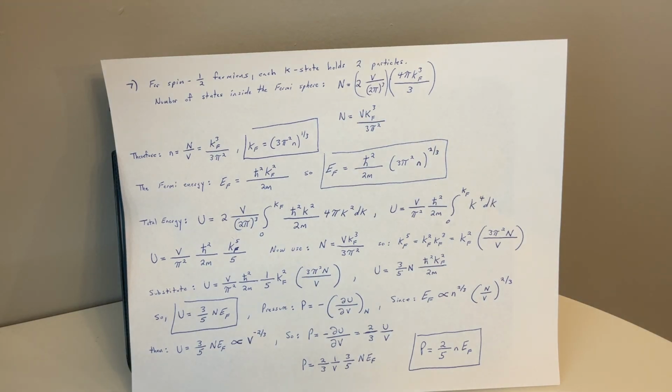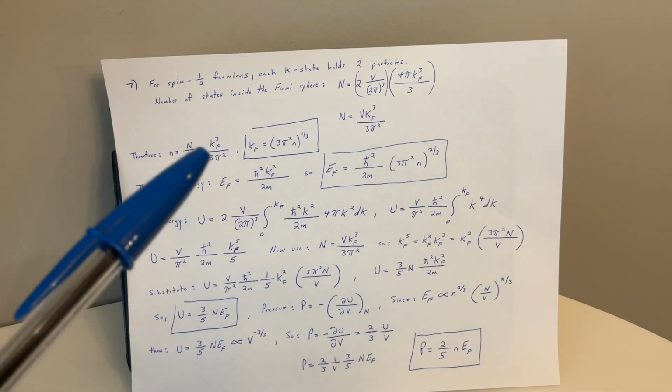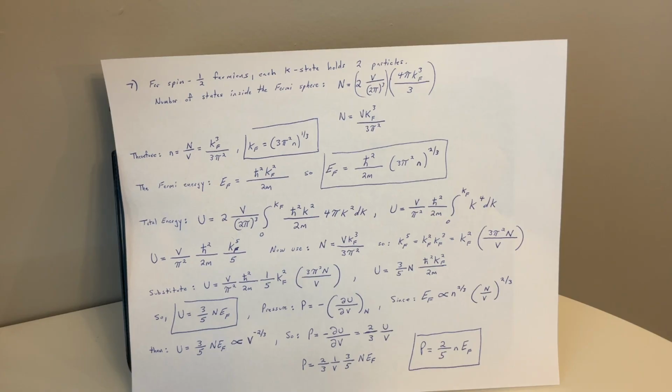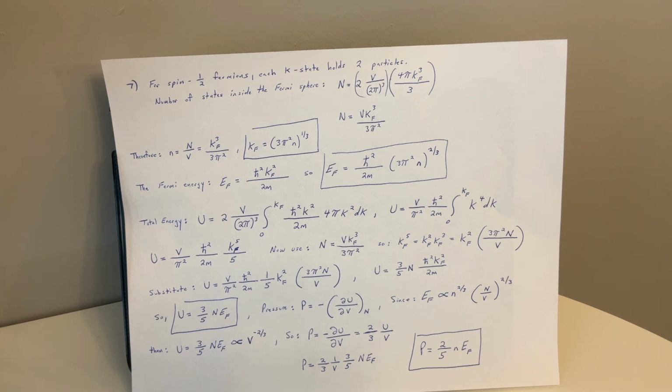N equals V k_F cubed over 3 pi squared. Therefore n equals N over V equals k_F cubed over 3 pi squared. So k_F equals (3 pi squared n) to the 1/3.